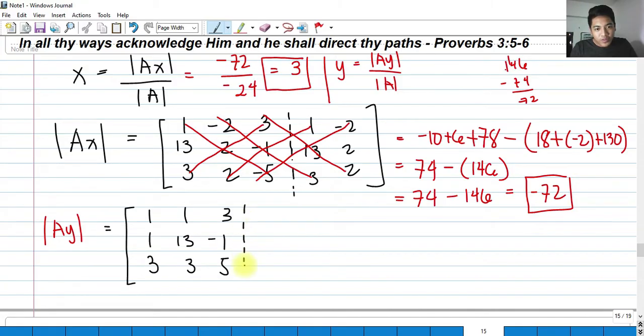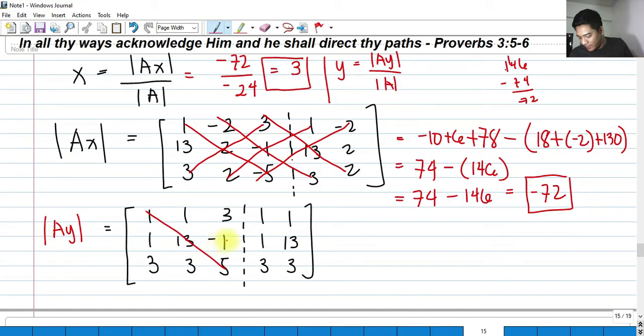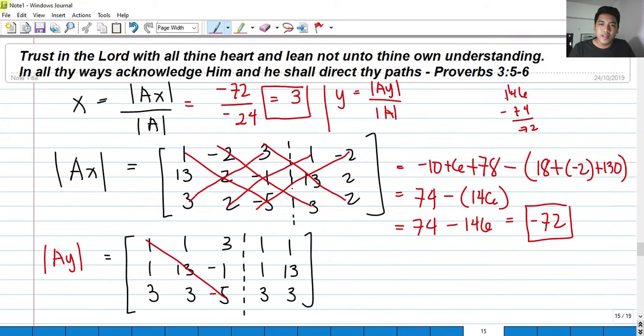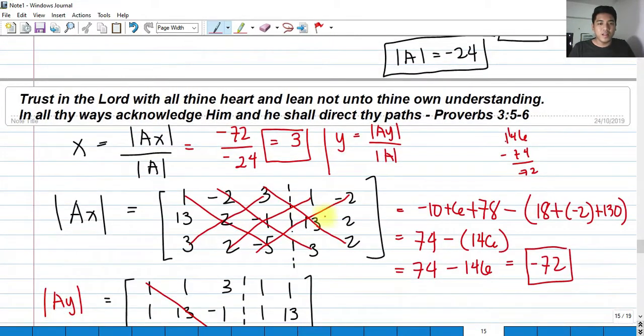Of course, if we're going to get the determinant, copy the first two columns. So 1, 13, 3, and get the determinant. The determinant of this should be 13 times negative 5. I'm sorry, this is negative 5, because this is a negative. From our given, that is a negative 5. Let me just check: 3, negative 1, and negative 5.